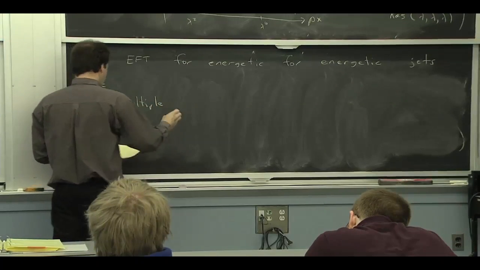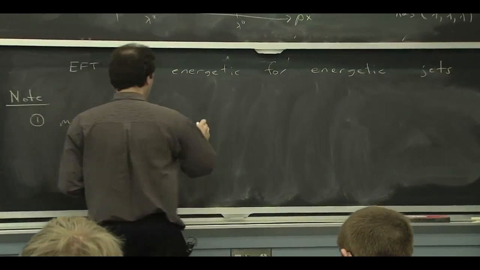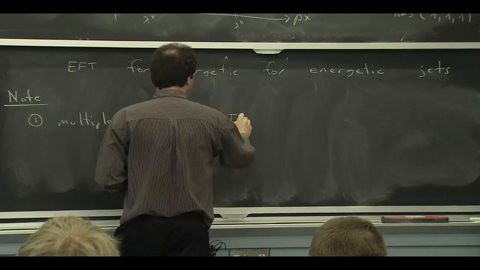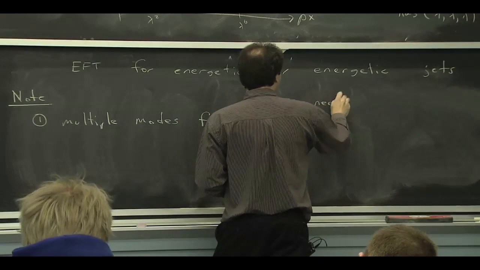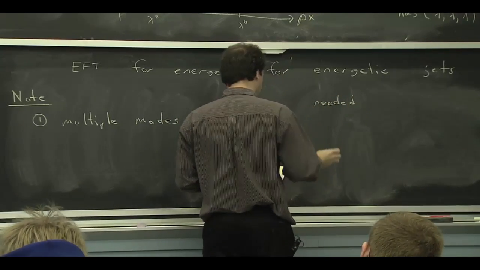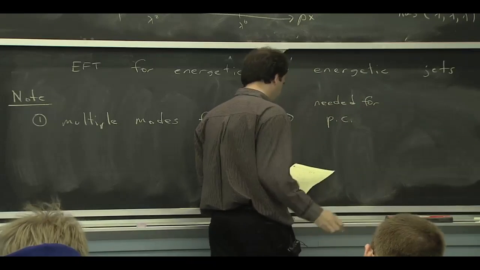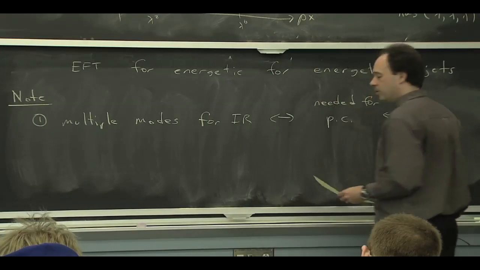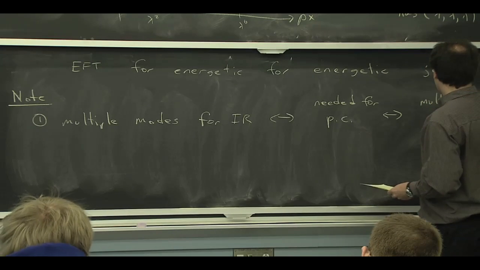Well, we see this idea that I mentioned would occur, that we have multiple modes for the infrared. You could try to get away with not doing that, but then you would have a lot of trouble with your power counting. And since power counting, as I've convinced you, hopefully by now, is just as important as other things when you're designing an effective theory, you really don't want to mess with that.